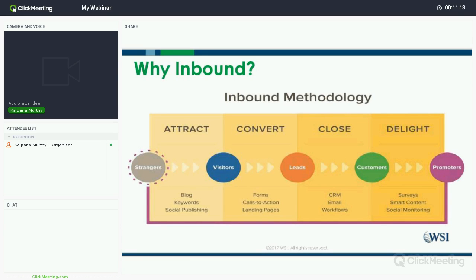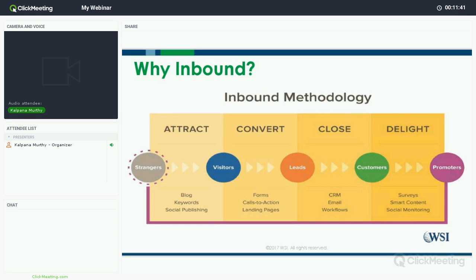So inbound methodology, how does it look like? These are all the four steps in the inbound methodology: attract, convert, close, and delight. So attract. This step is where strangers to your business, a product or service, are coming on Google or Yahoo and typing keywords and searching for products and service, or going on YouTube and searching for videos on certain topics.